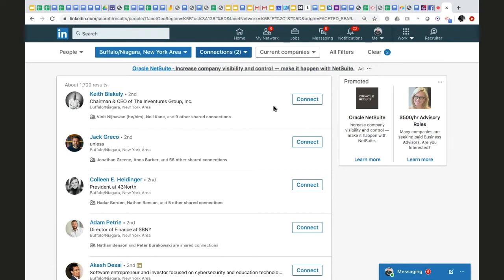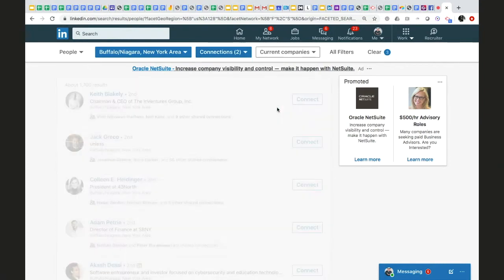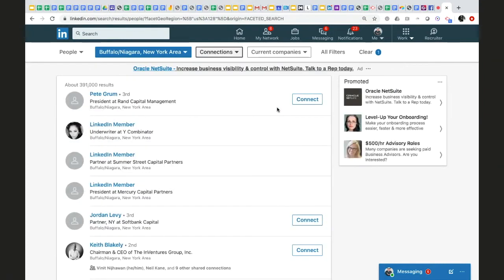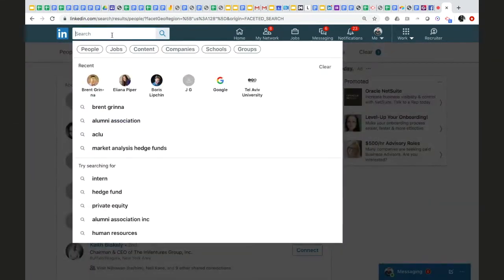It's a good thing for all the people who are trying to connect people together for opportunity to know how to do this and actually see what their depth of relationship is within a specific market. I'm going to take connections out of this. And one thing that may not be apparent, but is available here, is you can search out of these sets. So there's 391,000 people.